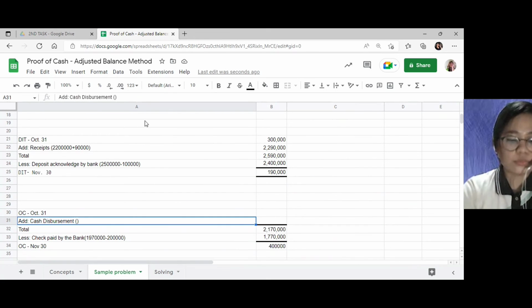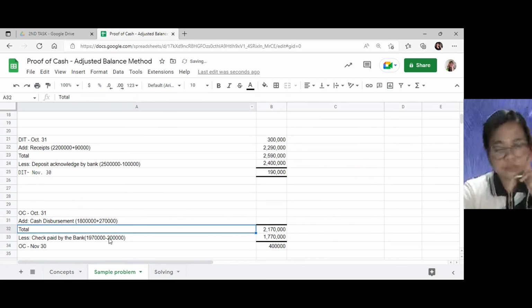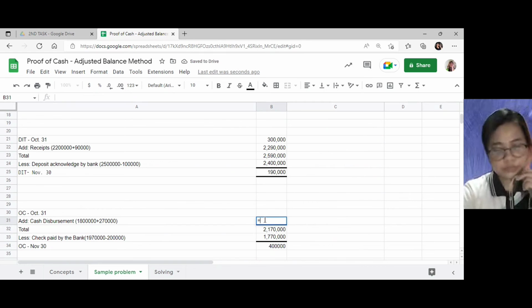So, what we do is, since itong total na 2,070,000 deduct siya sa checks paid by the bank, what we're going to do now is to add yung mga checks paid and the OC of November 30. So we have 2,170,000.